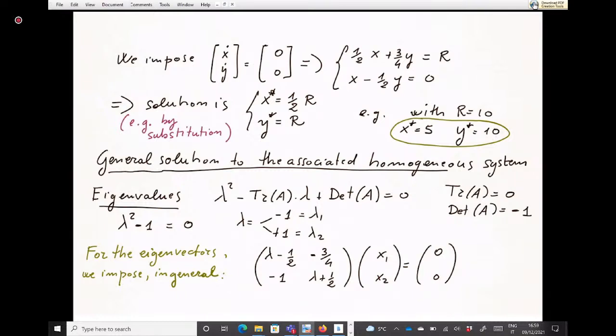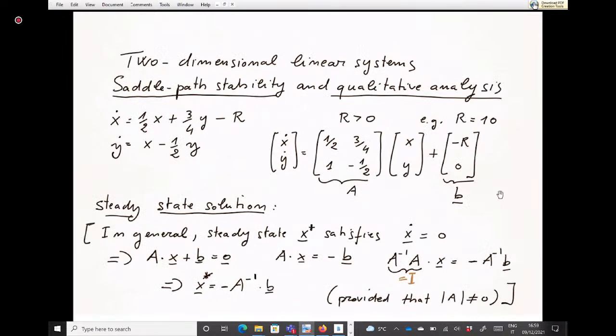Now, let me find the eigenvalues. I don't build the matrix lambda identity minus A. I use the short formula. I write down directly the characteristic equation, which is lambda squared minus trace of matrix A times lambda plus determinant of matrix A. The trace is 0. Very easy. You can see that the trace is 1/2 minus 1/2, 0.